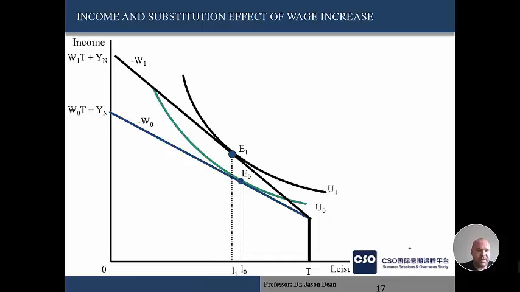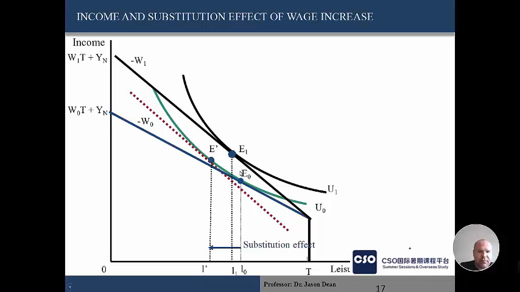Okay, so to get the substitution effect, we need to hold income constant and just have the wage change, and see how that induces the person's decision. So if we were to take away the person's income so that they were on the previous indifference curve, we would end up being at point E prime.